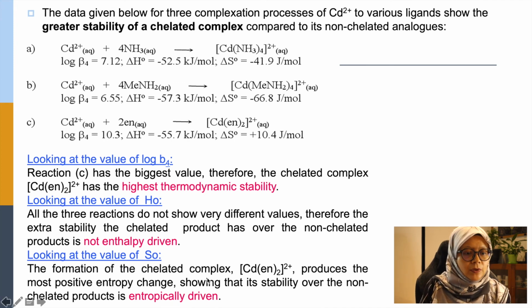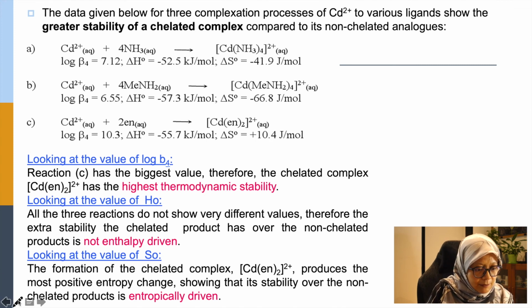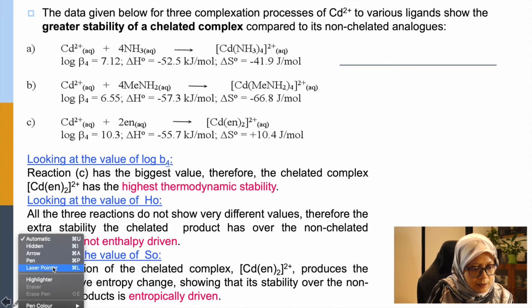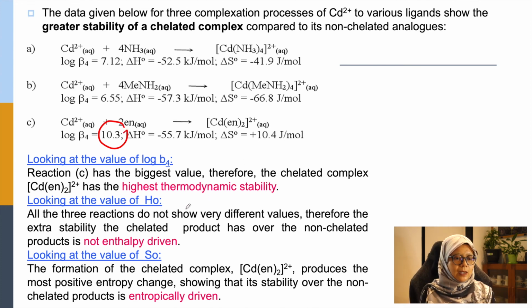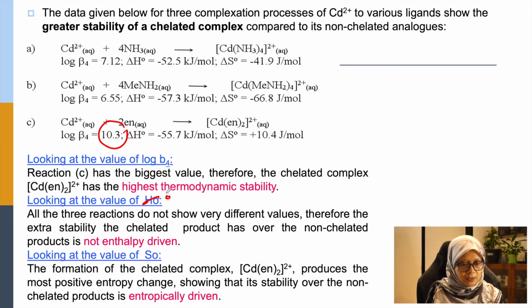If we look at the value for beta 4, C has the highest value of log beta 4, which actually has the highest thermodynamic stability. Oh sorry, this one is the delta H and this is the delta S.